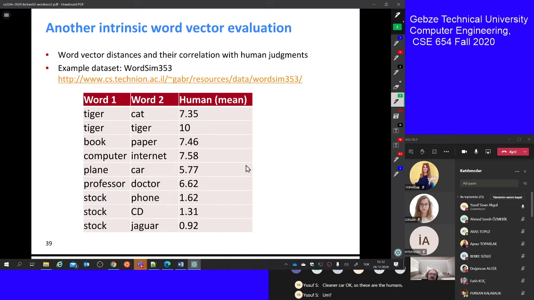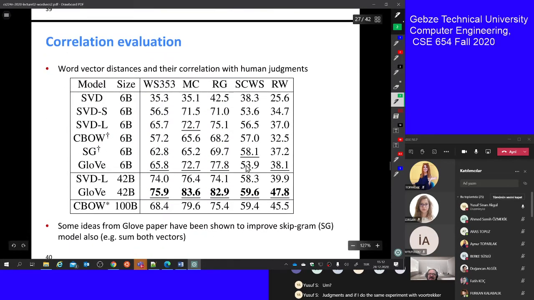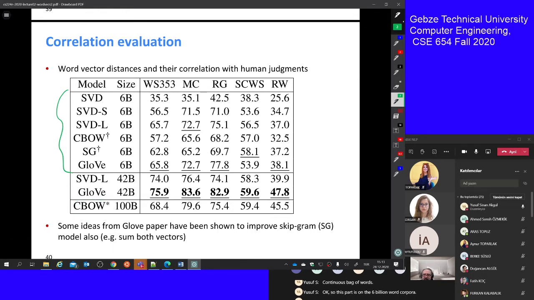So these are the humans' judgments. And if I do the same experiment with word-to-vec or GloVe, this is what I get. Continuous bag of words, GloVe. This part is on the 6 billion word corpora, and this part is 42 billion word corpora.